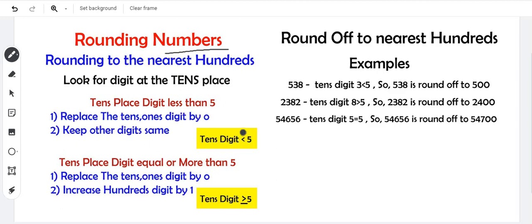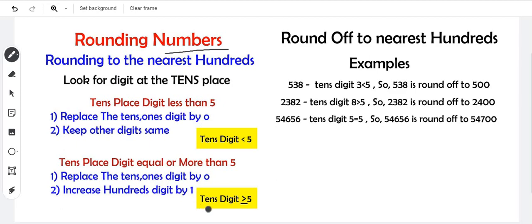Each condition has some rules. The first condition: the first rule is replace the tens and ones digits by 0. The second is keep other digits the same. We are comparing the tens digit, so we replace the tens and ones digits by 0. Is that clear?